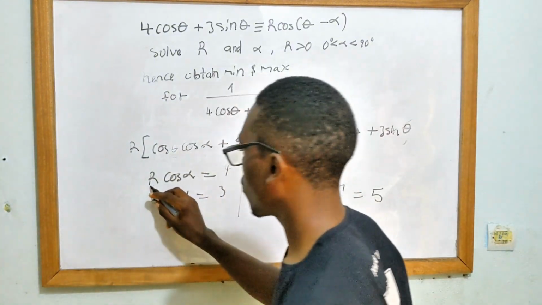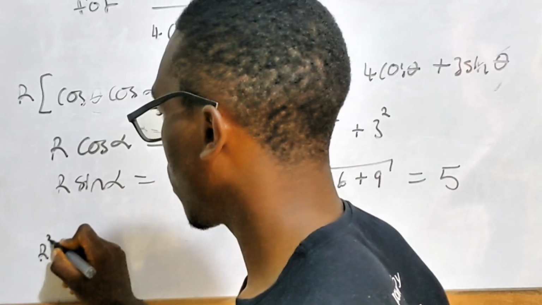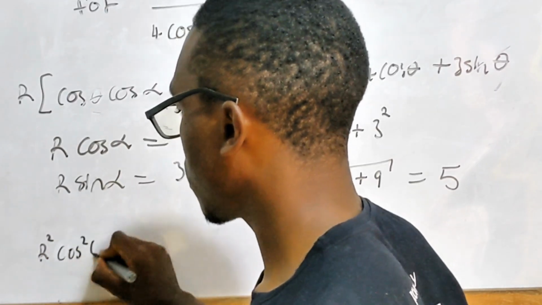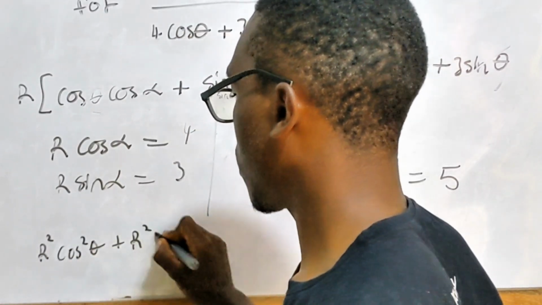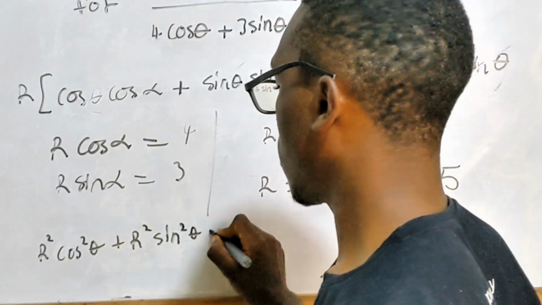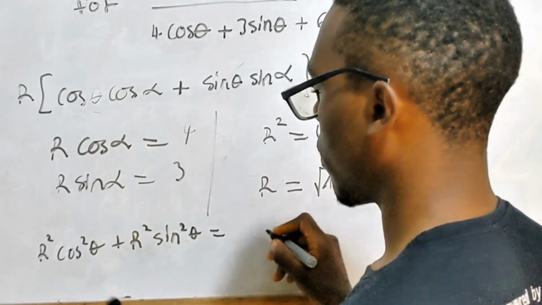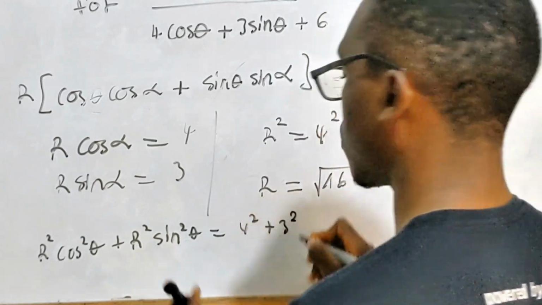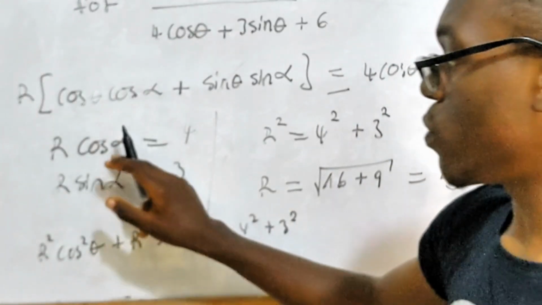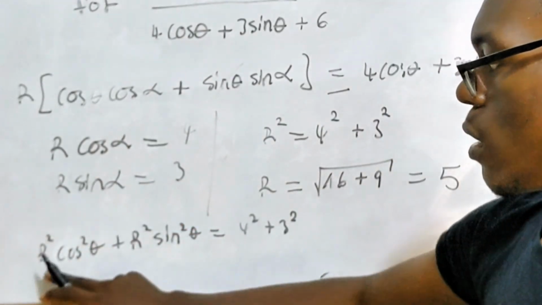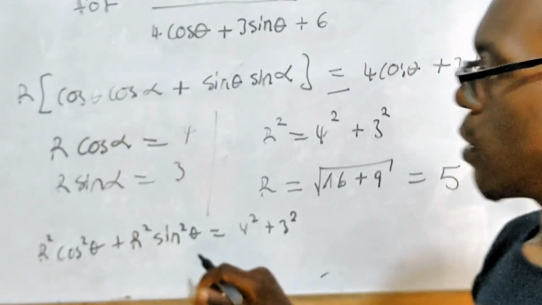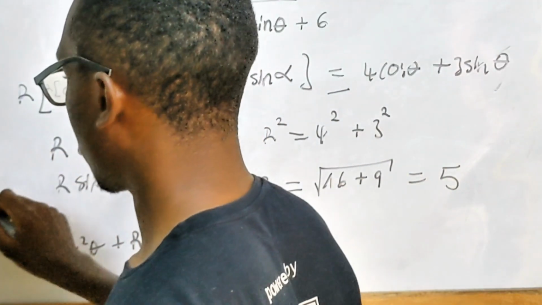We know that if you square this side, that will be r squared cos squared theta plus r squared sin squared theta, equal to 4 squared plus 3 squared.